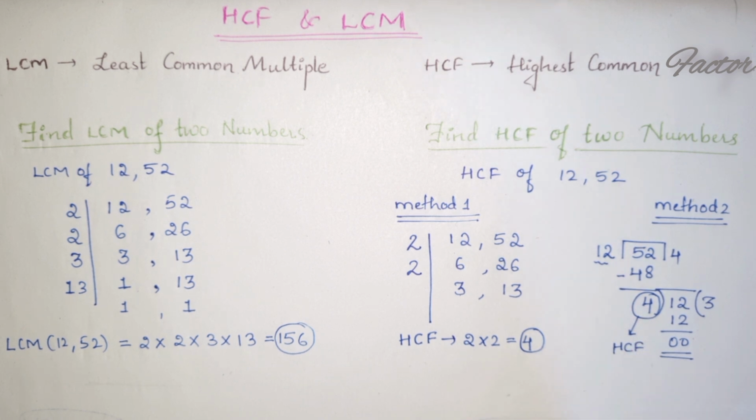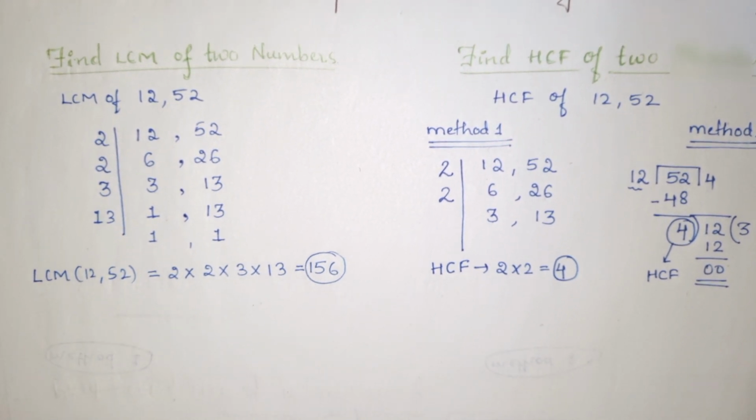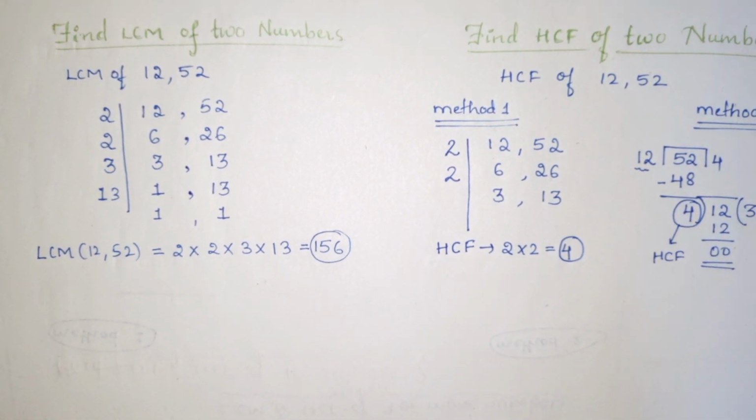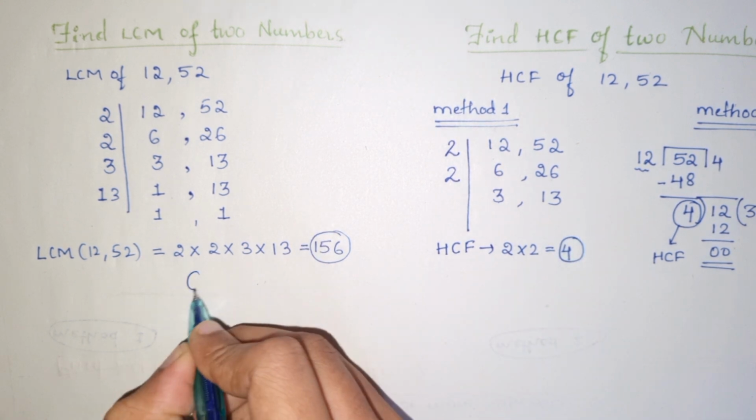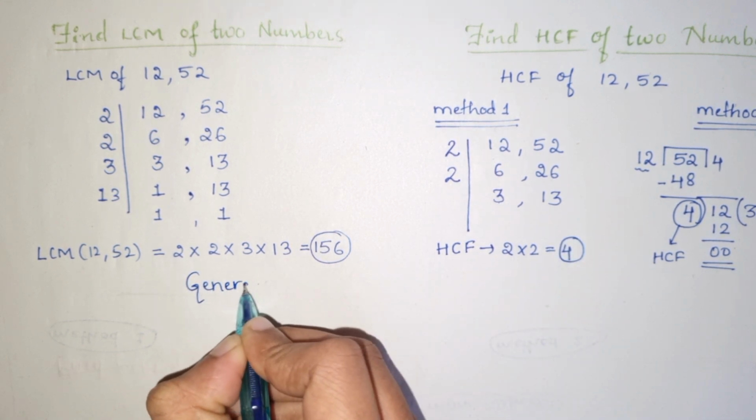So these are two methods using which you can solve HCF of two numbers. I'll teach you one more general method, or a long method, using which we can find LCM and HCF simultaneously. So this is a general method.